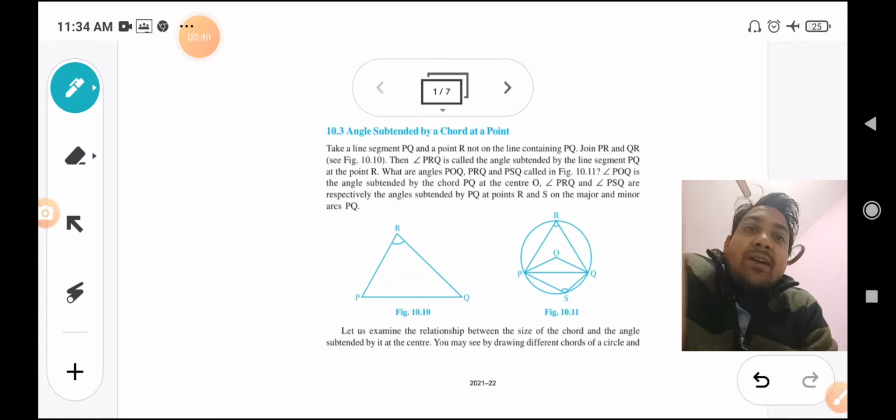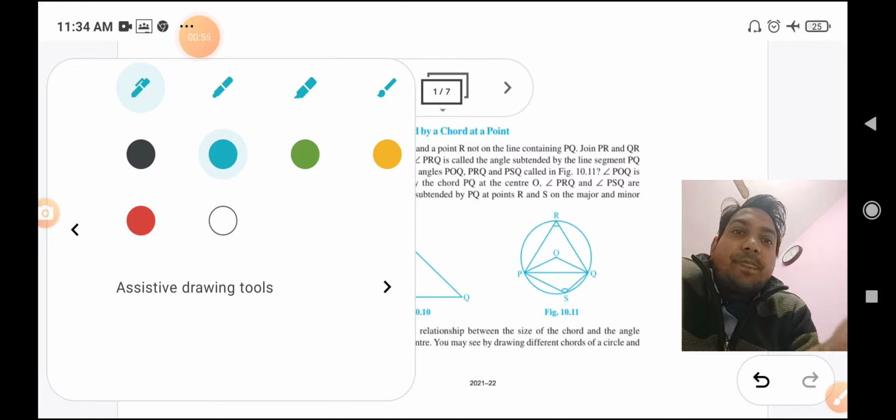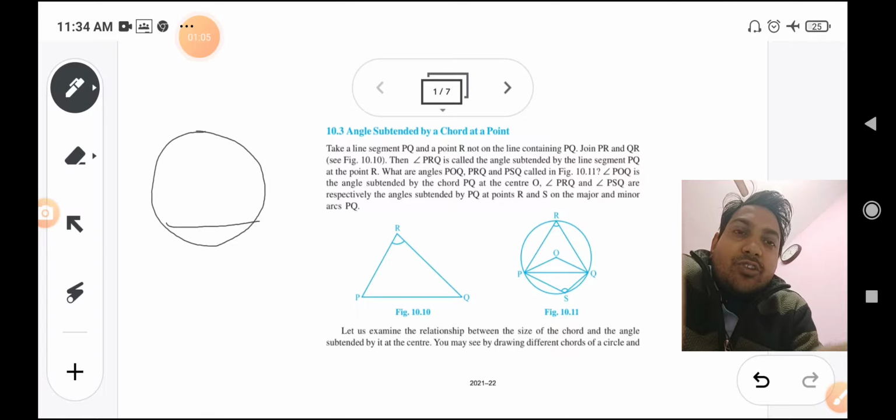What is an angle? I think everyone is well aware of angles and how to construct an angle. So, angle subtended by a chord at a point. What is a chord? We have already discussed in the last class in detail. So this is a chord PQ.